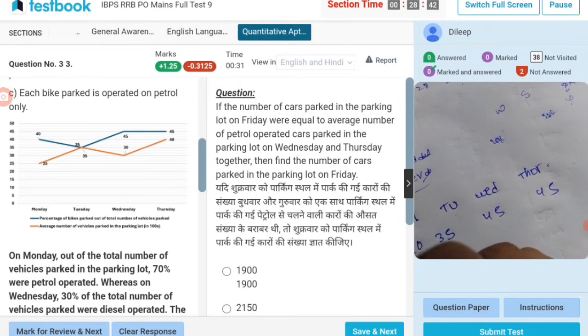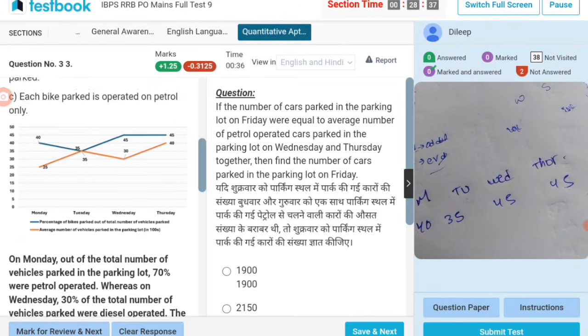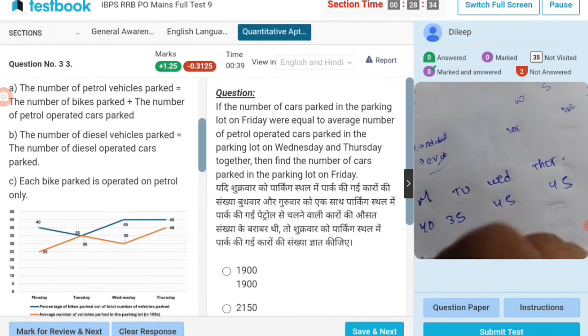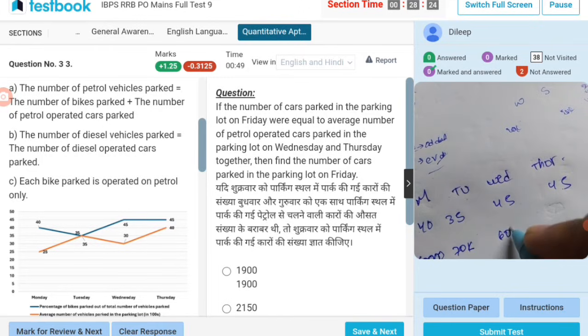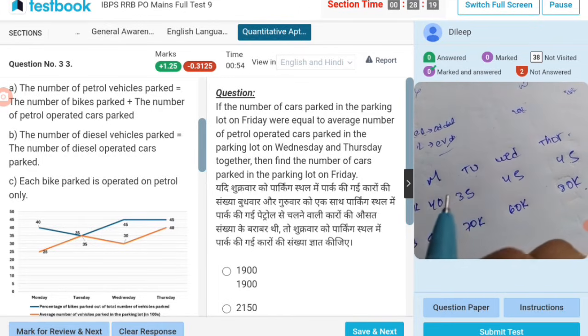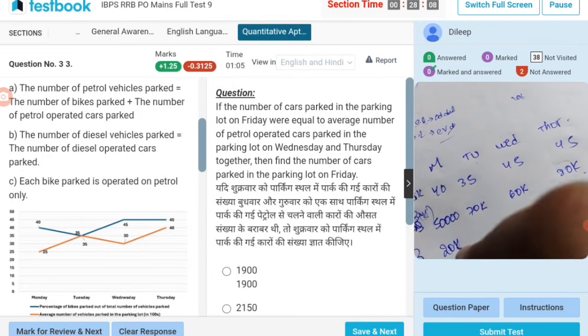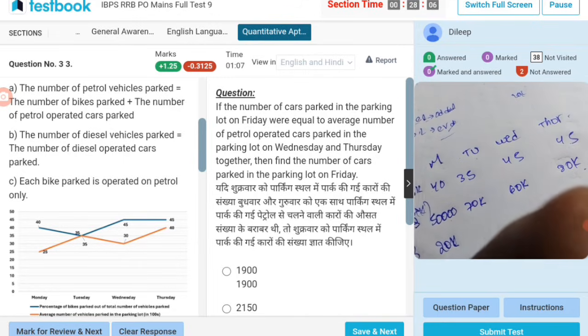Cars. $50K, $70K, $60K, $80K. Bikes and cars 20K and 30K.